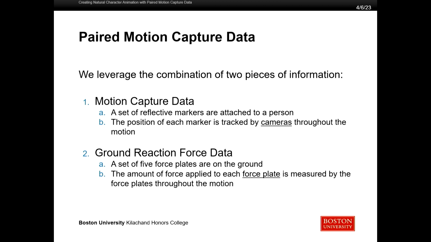As you perform a motion, these cameras track the position of each marker and capture the positions over time to capture the motion. The ground reaction force data is recorded with force plates on the ground. If you step on a force plate, it captures that ground reaction force data, which is the force that's exerted by the ground onto a body that is in contact with it.